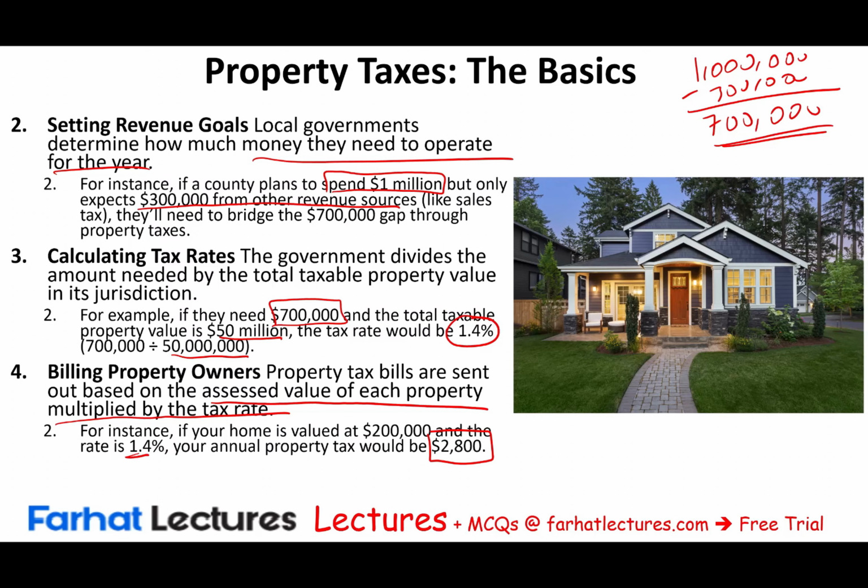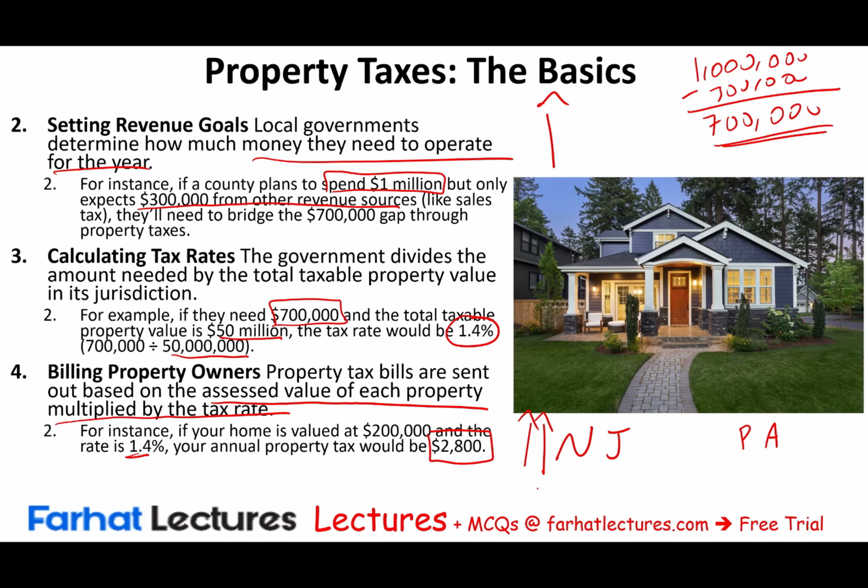So this is how it works. Now keep in mind, this varies from locality to locality, from municipality to municipality, from county to county, from state to state. But generally speaking, this is how it works. Now, in certain states, property taxes are much higher than in other states. I'll give you an example. I live in Pennsylvania and I also lived in New Jersey. Property taxes in New Jersey are very high.